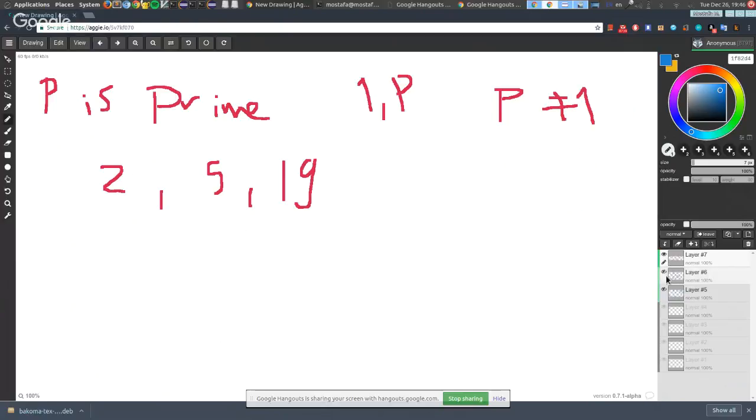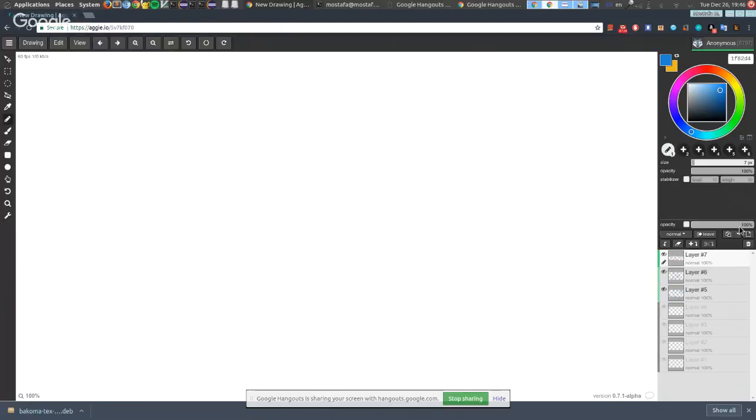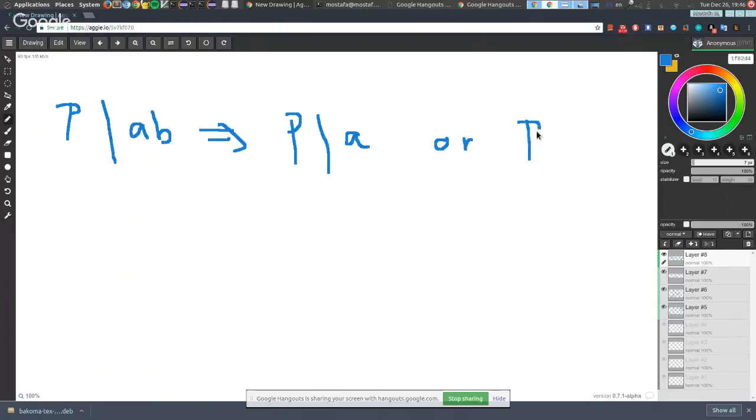Then we have this theorem. If a prime number divides a product of two numbers, then this prime either divides the first number or the second number.